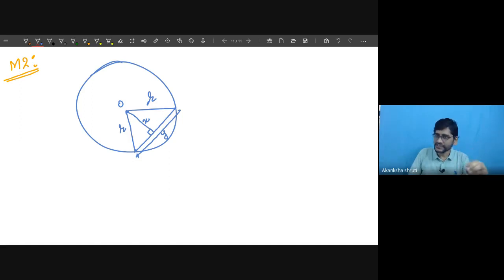Most of the time angles are given, or the angle formed between the two radii for the chord is given. If that angle is not given, then what to do? Student, in this case r is given to you and the chord length y is given to you.